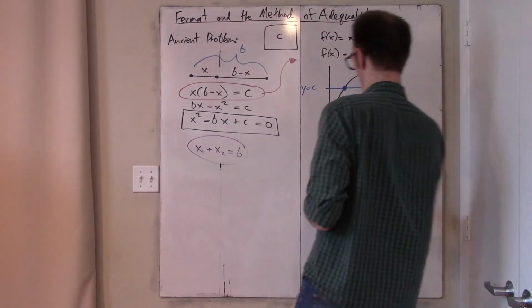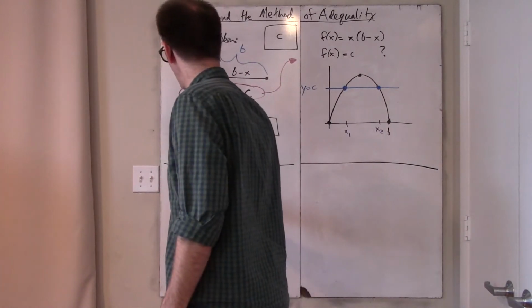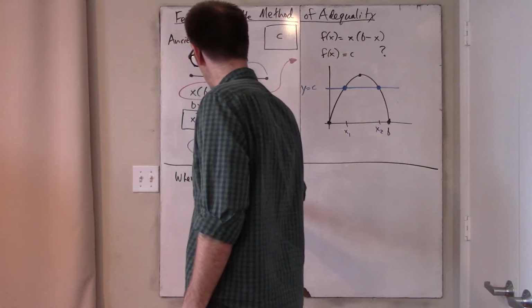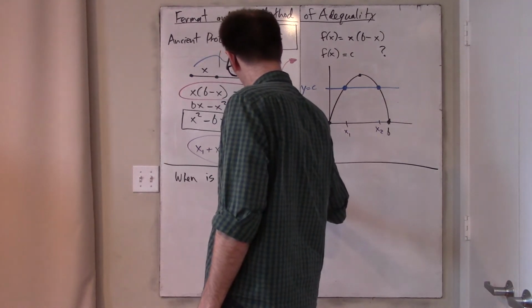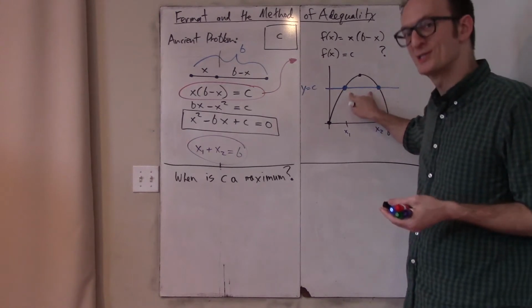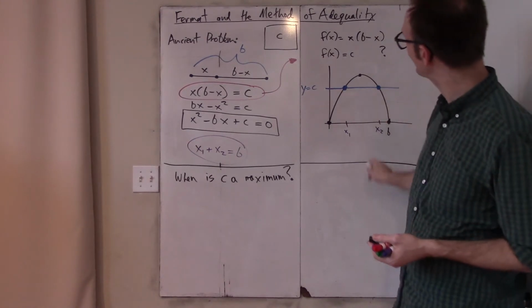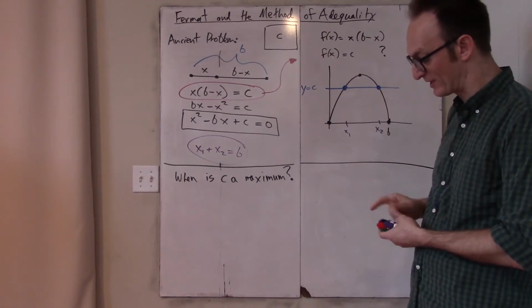Let me draw a line here, and the question is, when is C a maximum? And okay, well, one can just see by looking at it that C is going to be a maximum when you move these two points x1 and x2 infinitely close together.